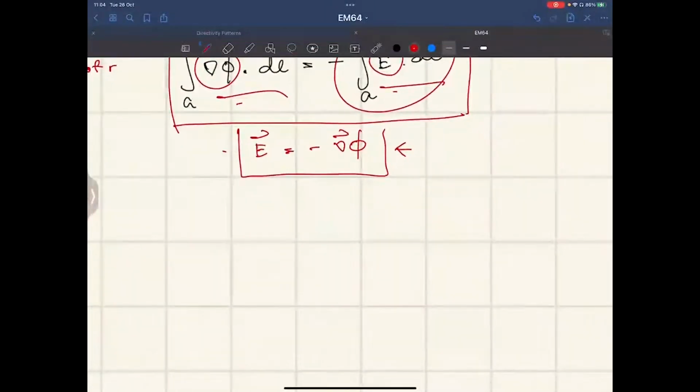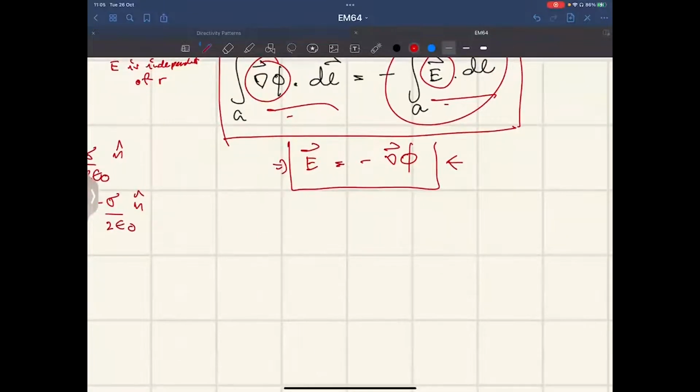So now we can conclude that E is equal to minus gradient of V, the electric potential. But this thing has to come from this.